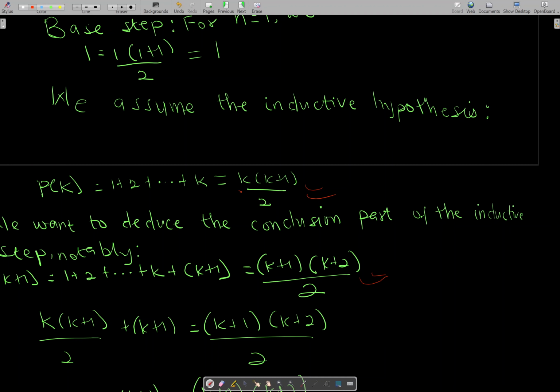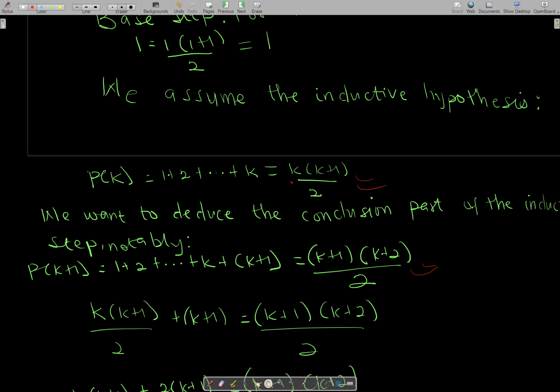Okay, so now you see, when you compare P of k and P of k plus 1, you realize that all these terms, that's the sum from 1 up to k, is given by what we have on the right hand side.